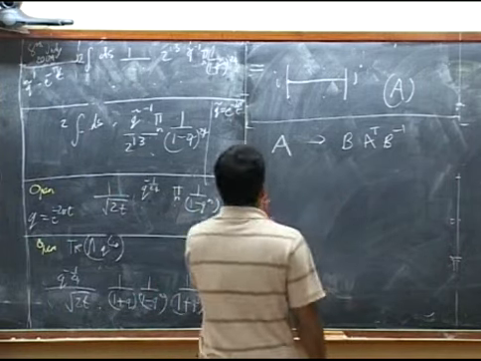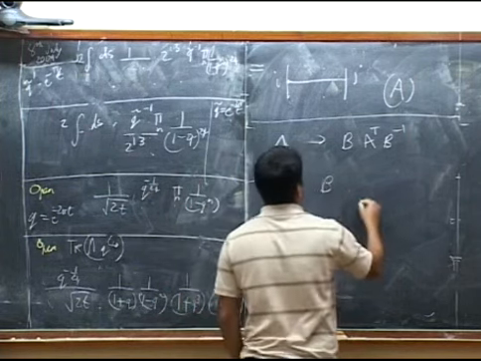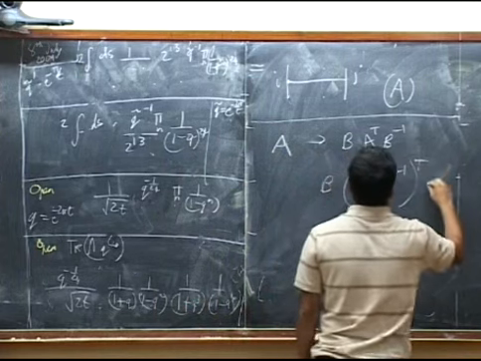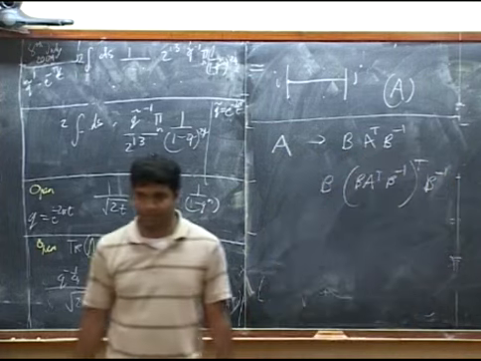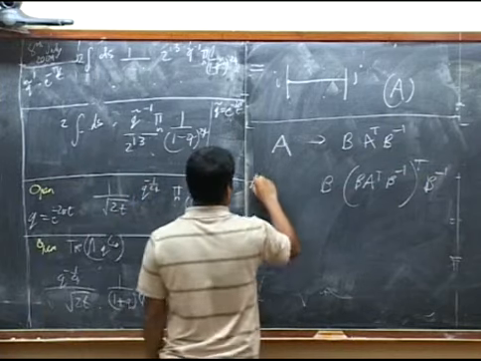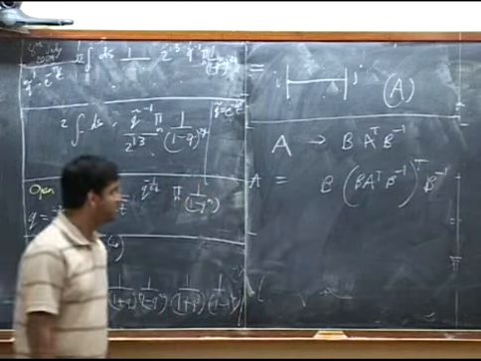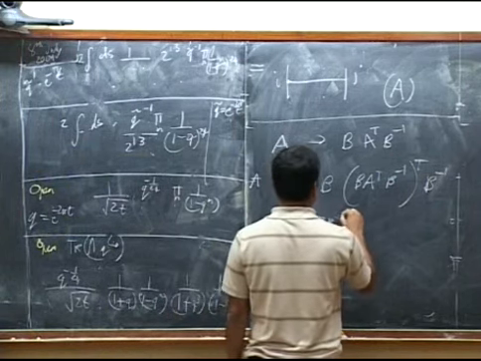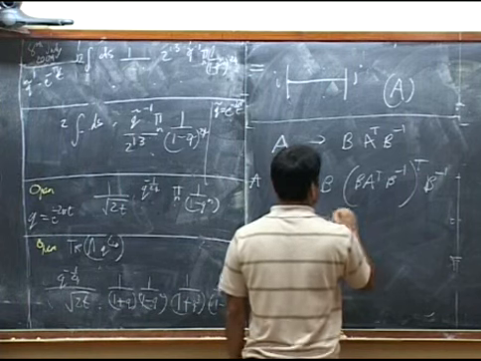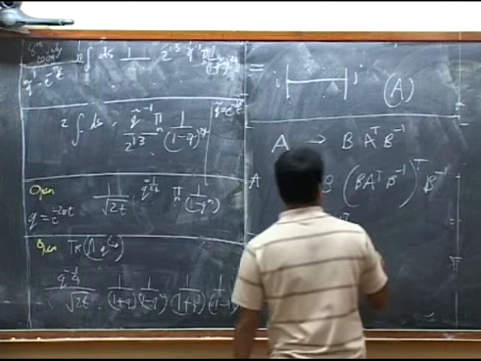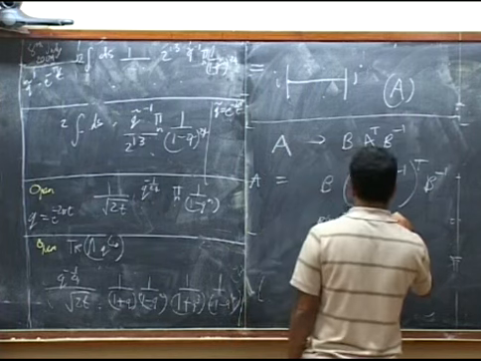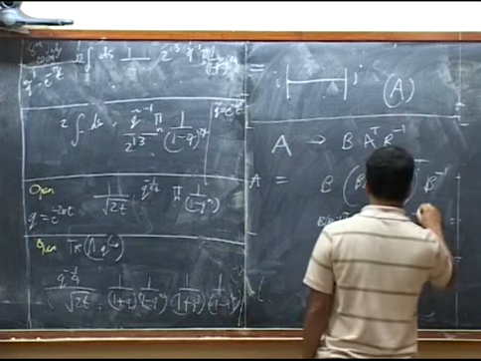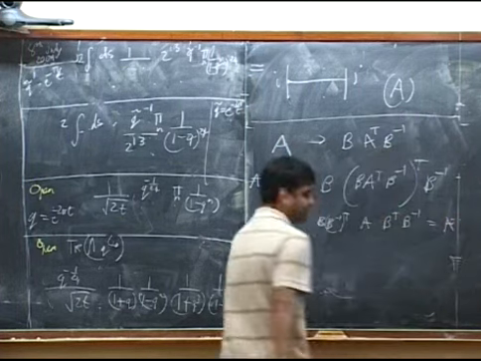Okay, so if I do this operation again, that is, I take A into V A transpose V inverse, transpose, that is, V inverse transpose into A into V transpose V inverse, that has to be equal to A.